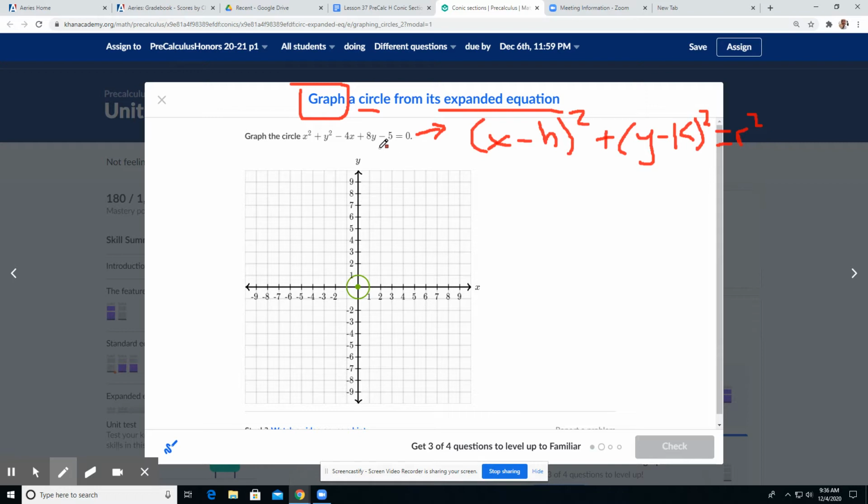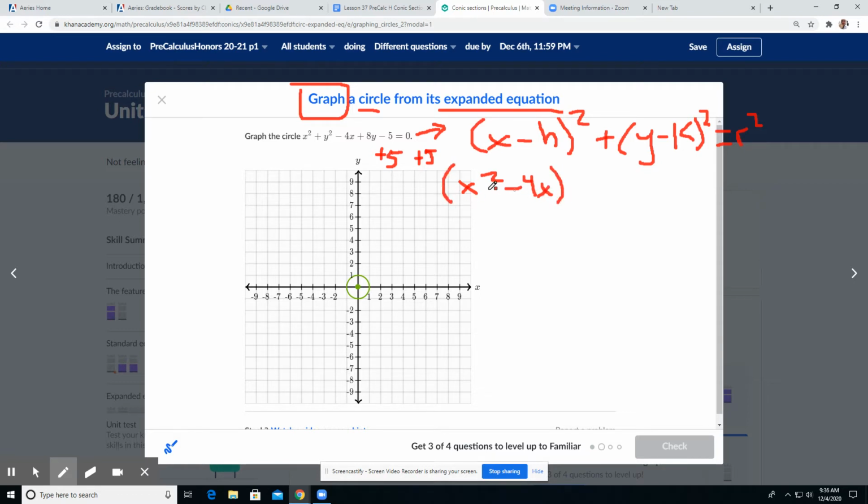So let's go ahead and just start by adding 5 to both sides for mine. All right, and then let's group everything together like we see it. So first our x's: x squared minus 4x. I like to put these in parentheses.